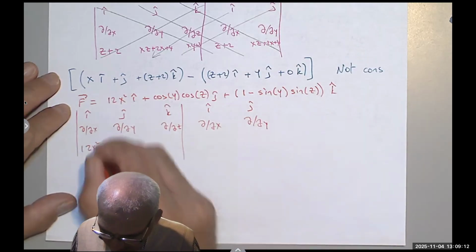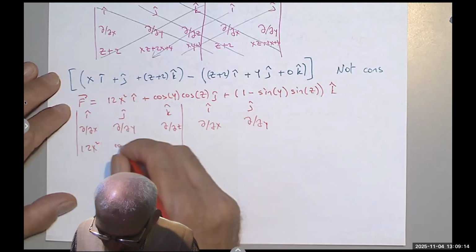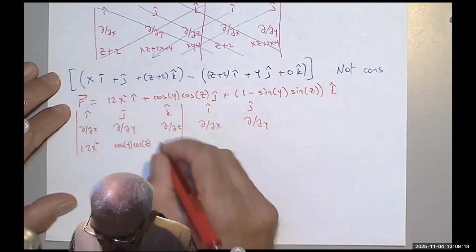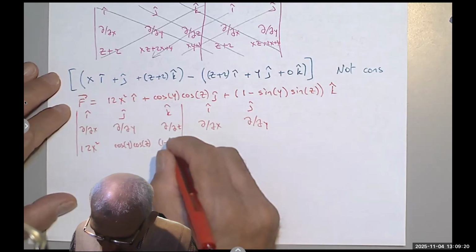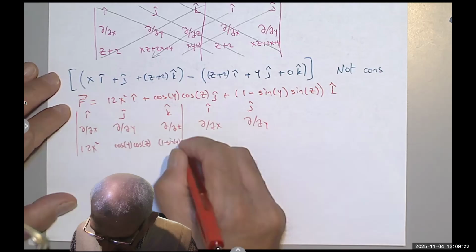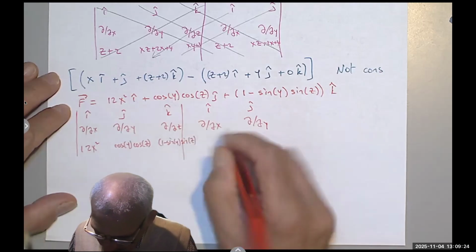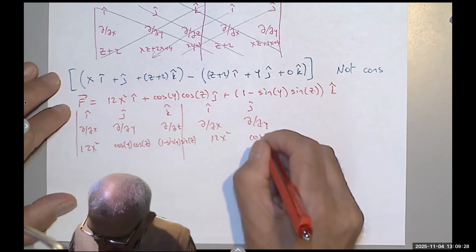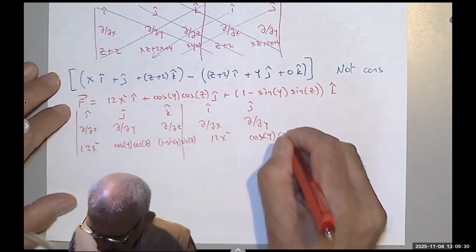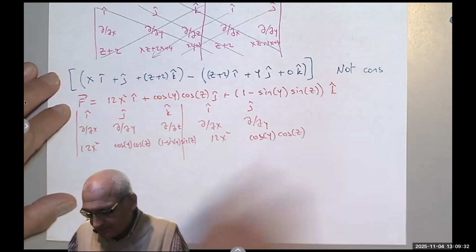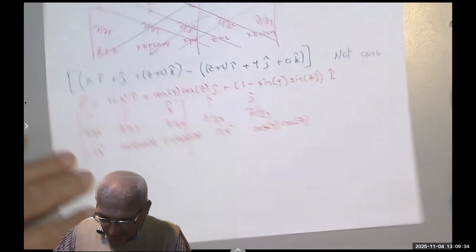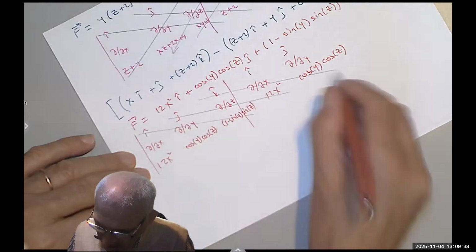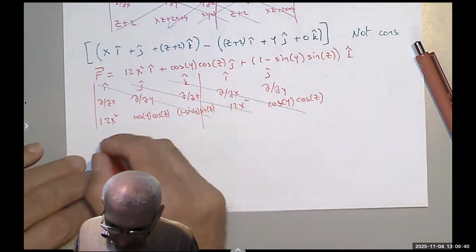12x squared, cos y cos z, and 1 minus sine y sine z. 12x squared, cos y cos z. Okay. So in the first pair of parentheses, we'll do these three calculations.